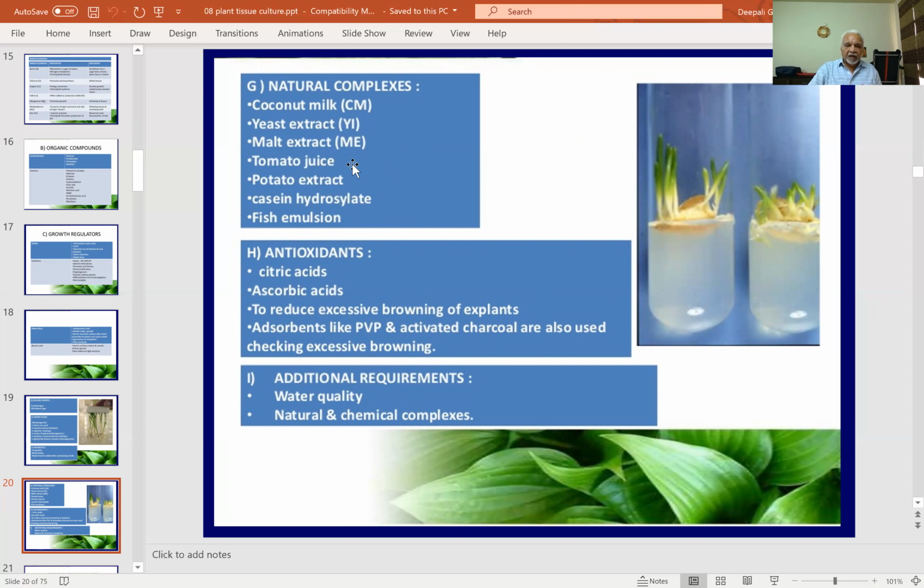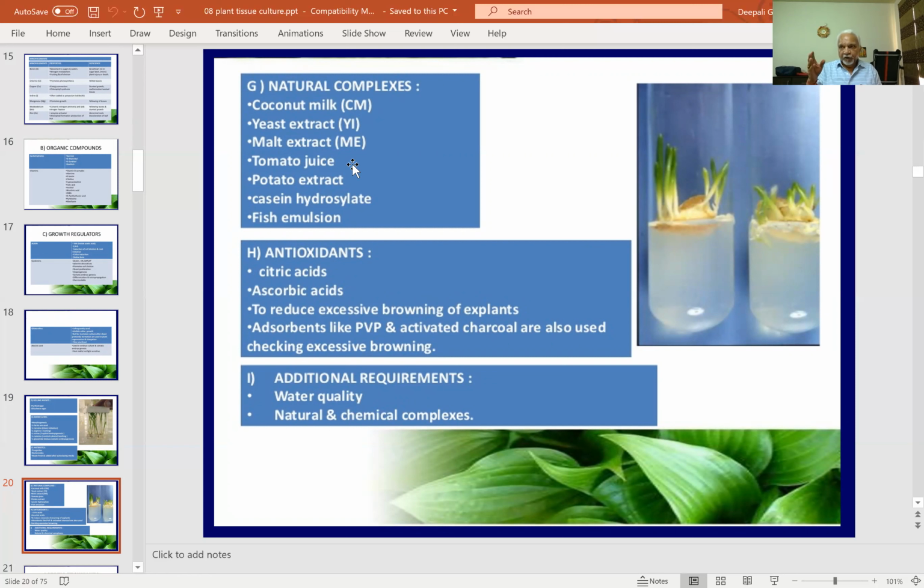But it is always preferred that one uses a known media where we know what we are adding and what kind of response it is giving. For the purposes of reproduction, we should be able to reproduce what one is getting. The other person, if he uses the same thing, should get the same response in vitro.